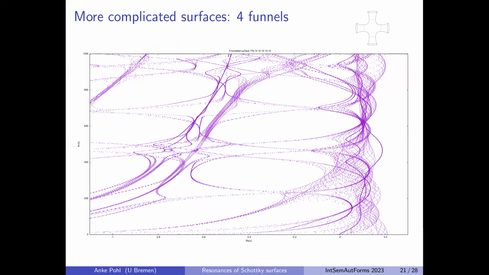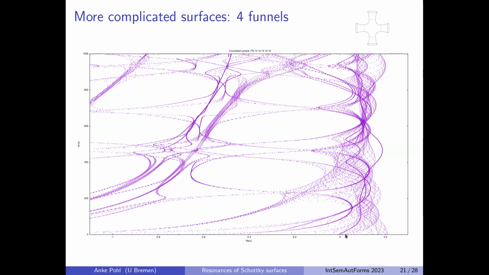So what we were asking ourselves as well is, what happens if I have more than 3 funnels? This is always the very symmetric situation. There is a heuristic argument in the literature saying that as soon as we have a number of funnels, as soon as these surfaces become more and more complicated, we shouldn't expect too many structures anymore. This heuristic is based on two ideas.